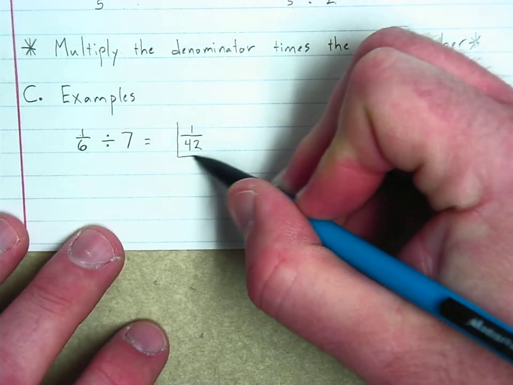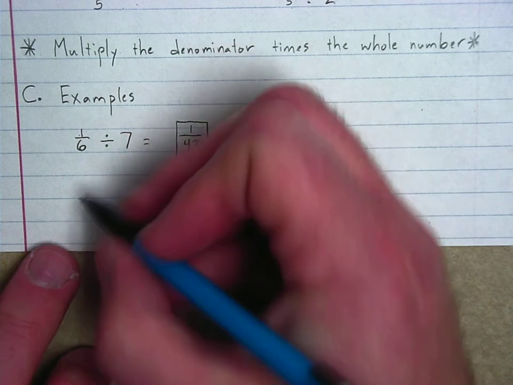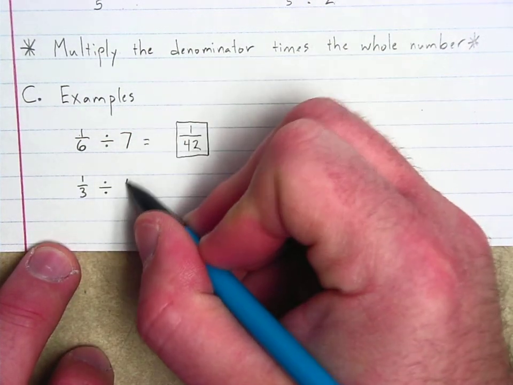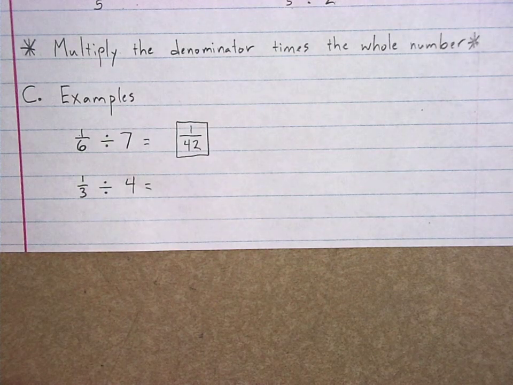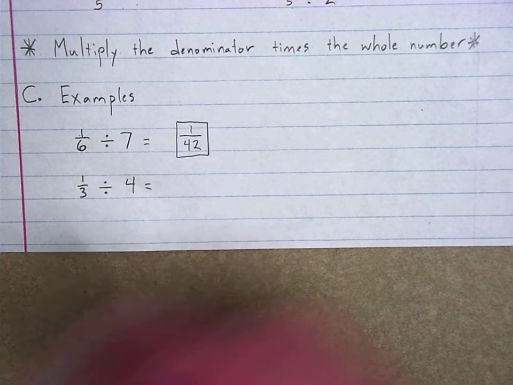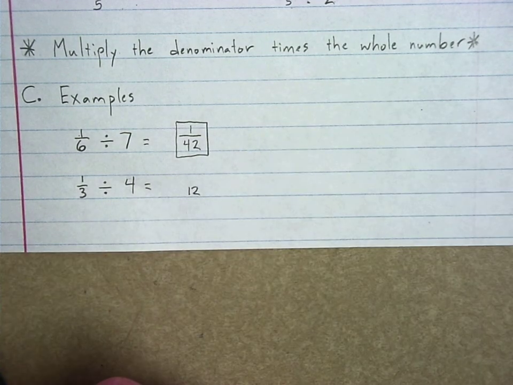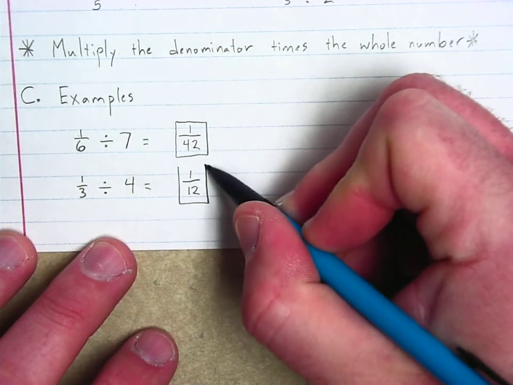That's it. That's all. If I give you 1/3 divided by 4, multiply across the bottom, denominator times the whole number. 3 times 4 is 12. Put a 1 on top, and you are done.